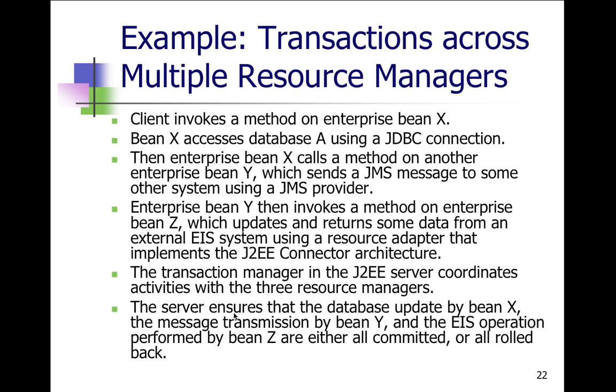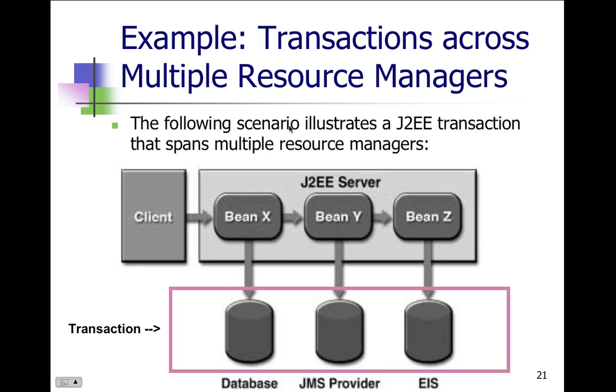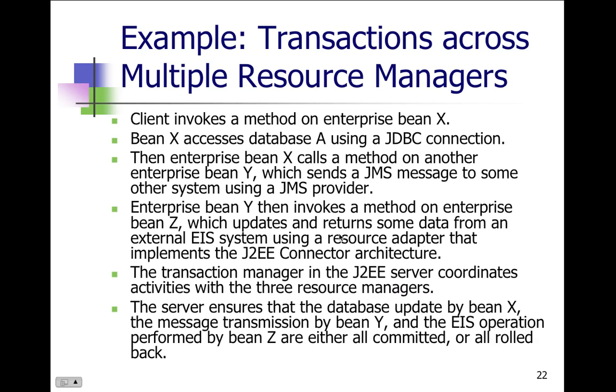The enterprise bean X calls a method of another enterprise bean, maybe the one from Y, which sends a JMS message to some other system using the message provider, which is here actually. So this guy here sends a message to here. So X is communicating with Y, Y is communicating with Z, the client's communicating with X. So this is all part of the same transaction environment.